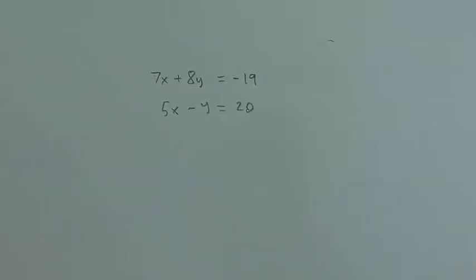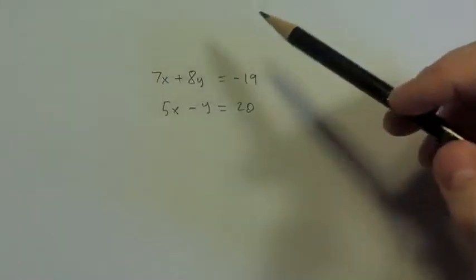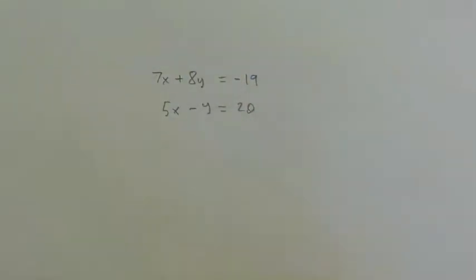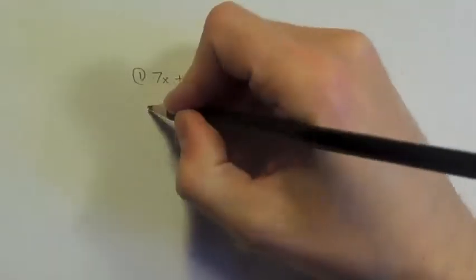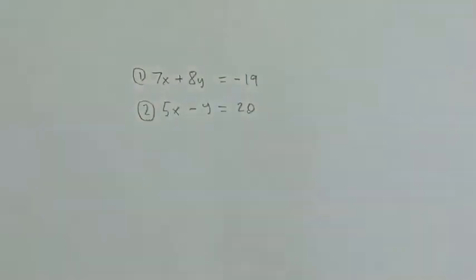Here's another example, a little more complicated. We got rid of our zeros, and we're going to tackle this the same way. We have 7x plus 8y is equal to -19, and 5x minus y is equal to 20. Remember, we're always going to solve one equation in terms of the other variable, then plug it in. I'm going to call this equation 1 and equation 2.